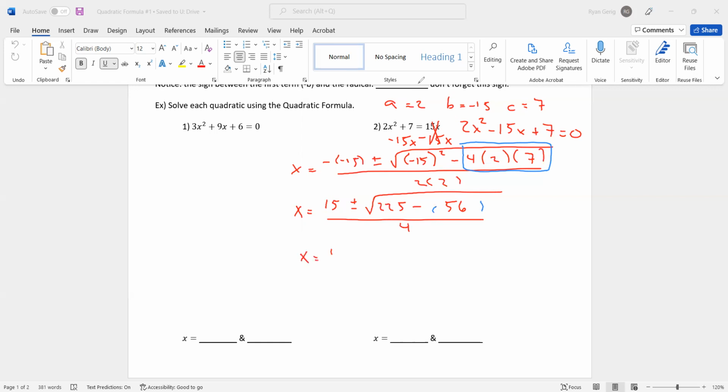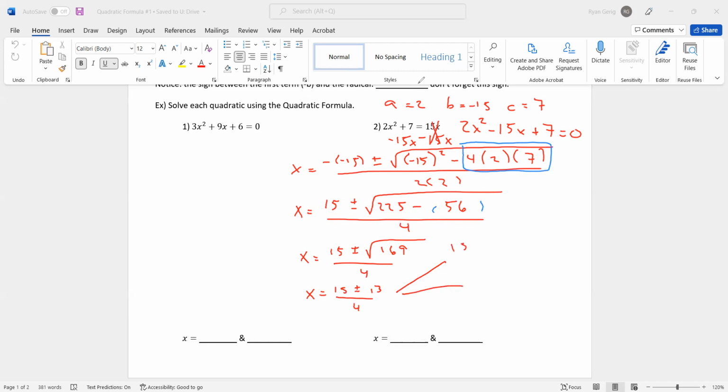Okay. So 15 plus or minus the square root of 225 minus 56. Real quick, I get 169 divided by 4. Square root of 169 is actually a good number. It is +13 divided by 4. This is where I get my two solutions.